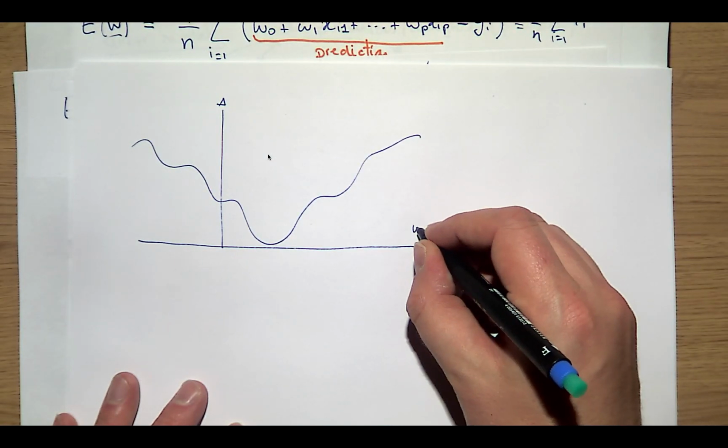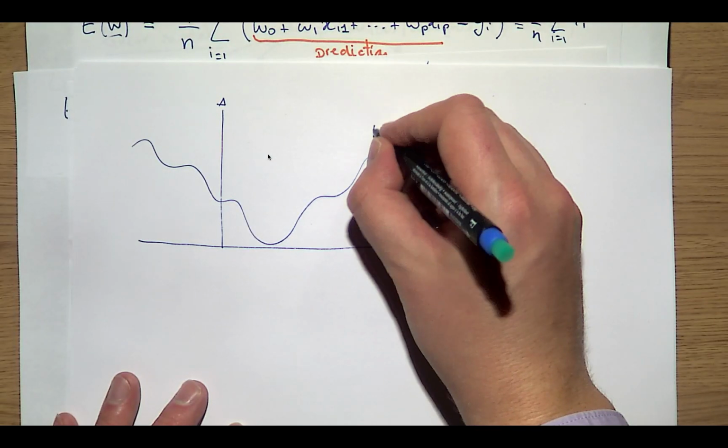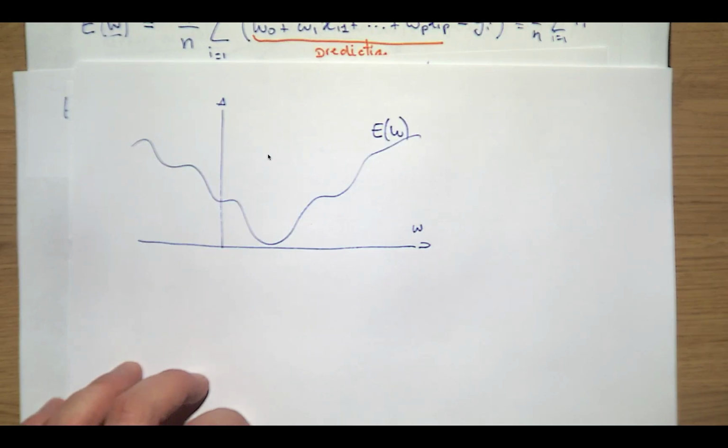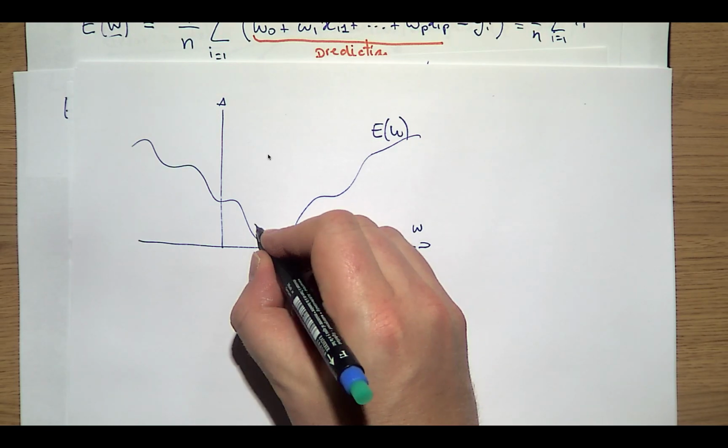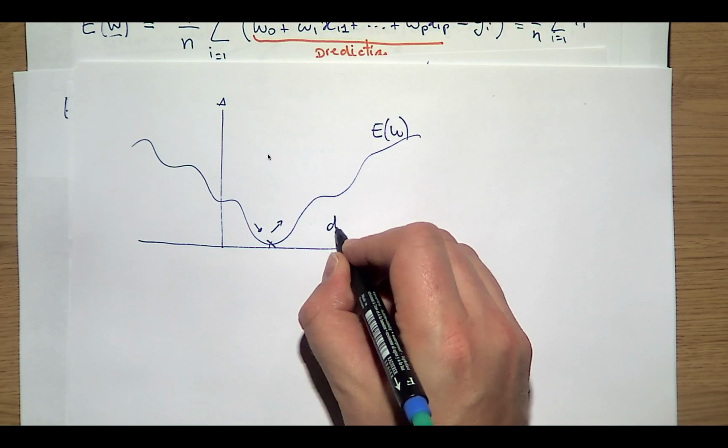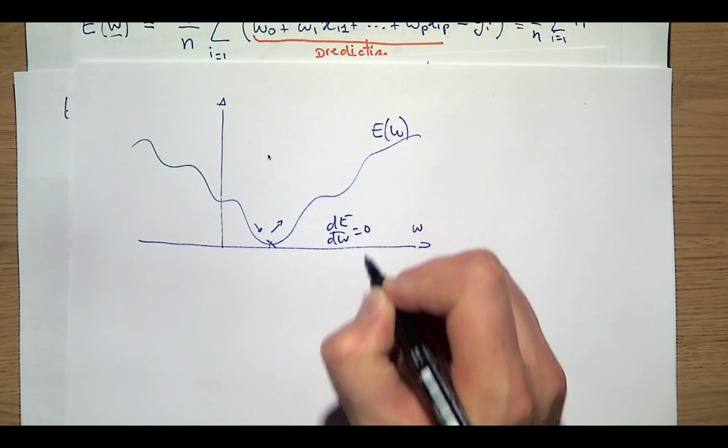This is one parameter, and this is the loss function for that parameter. At the minimum here, the derivative is null. On one side we go down, and on the other side we go up, so we reach the minimum. In this case, the derivative is 0.